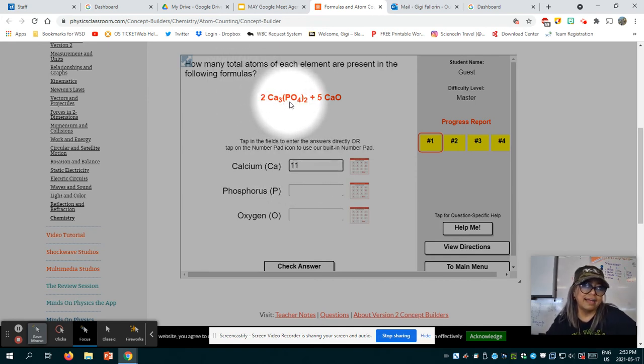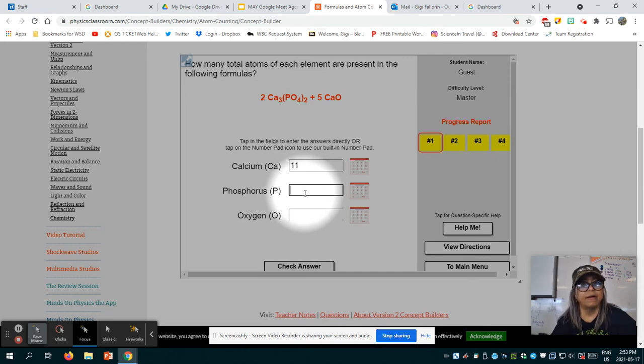Now, this is kind of interesting, right? The P here would have a 2, right? 2 times 2 would be a 4. So you would have your phosphorus would be a 4, right? And let's see what we have here for oxygen.